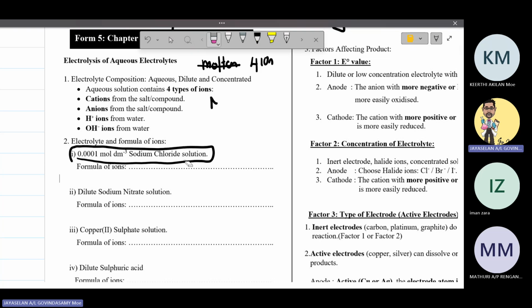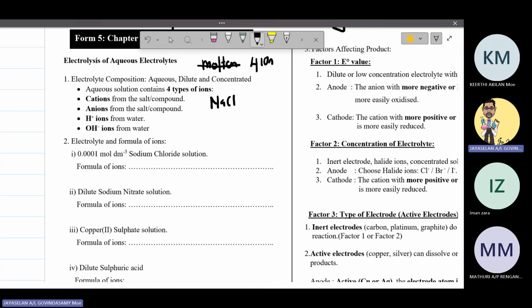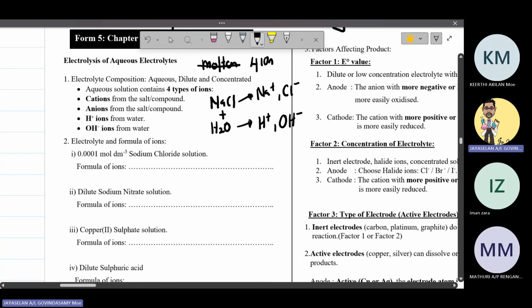No, right? So, bila tak nampak molten, you put your sodium chloride plus water. Sodium chloride ini ada sodium ion and chloride ion. Water will ionize to give you hydrogen ion and hydroxide ion. You kena ambil 4 ion.